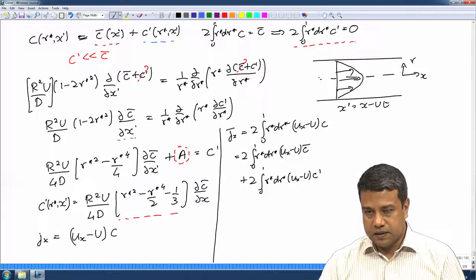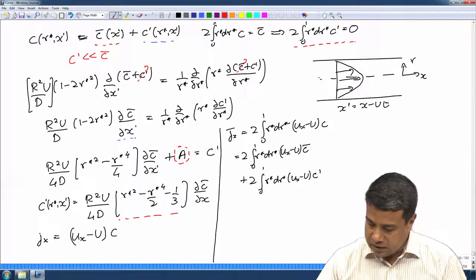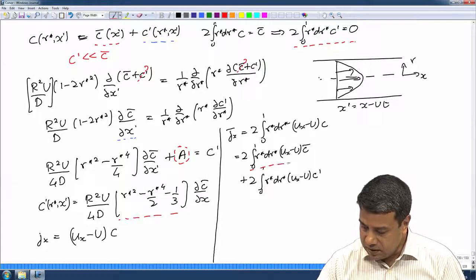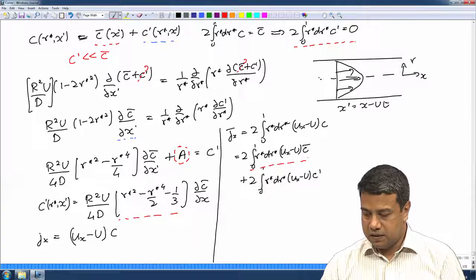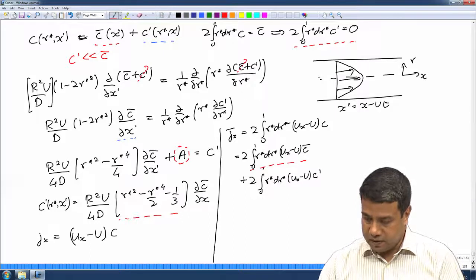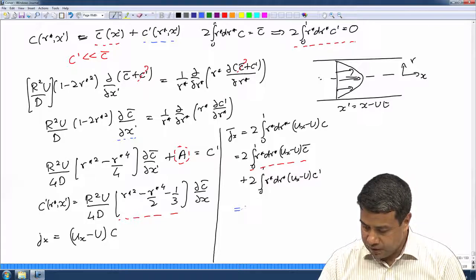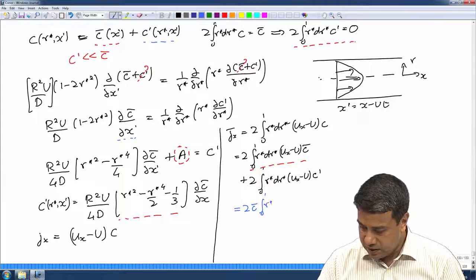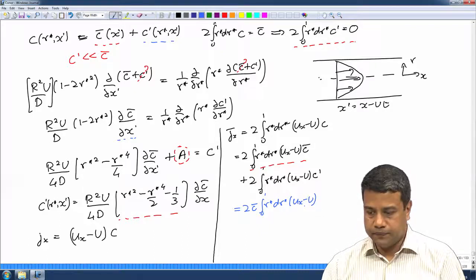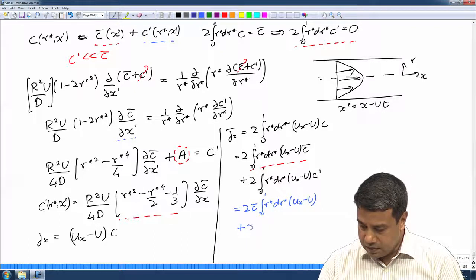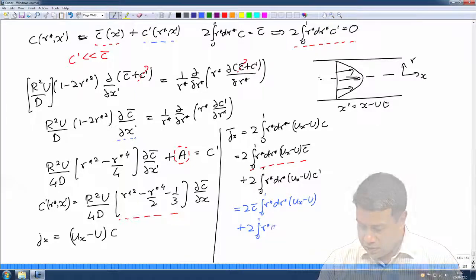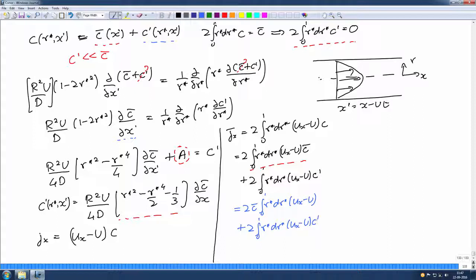In the first term, c bar is independent of r, so this just reduces to 2 c bar integral 0 to 1, and the second term is 2 integral 0 to 1 r dr, ux minus u, c prime.